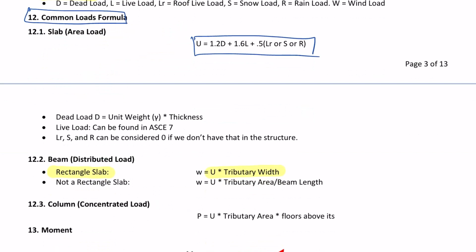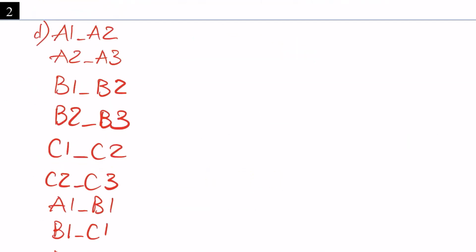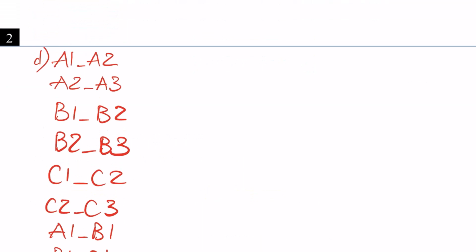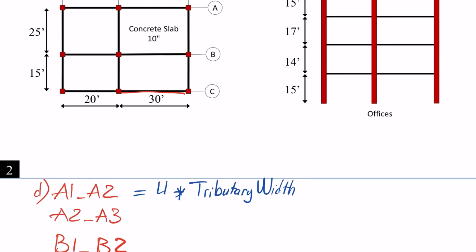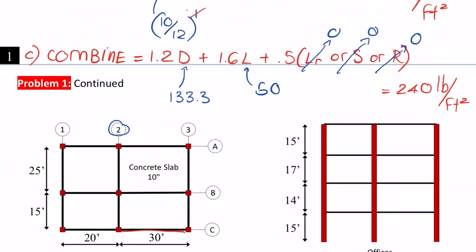So we just let U multiply by the tributary width. Then I will do a demo for one beam.